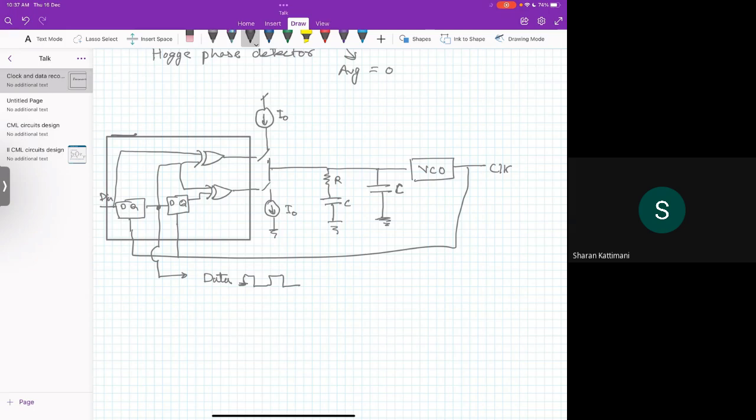Okay, so here you can see that this is a charge pump circuit, and this is a low pass filter, and this is the oscillator. This is the voltage controlled oscillator.